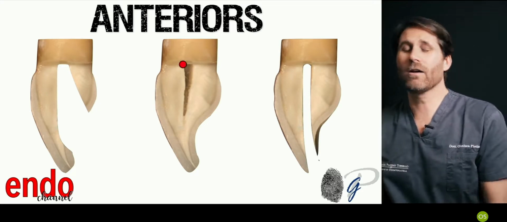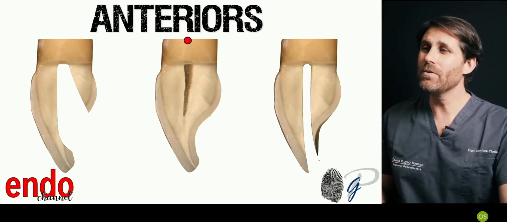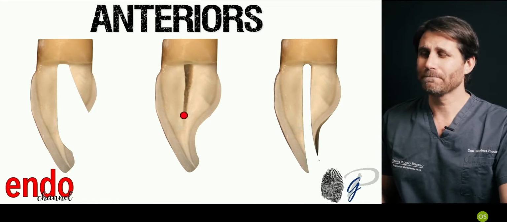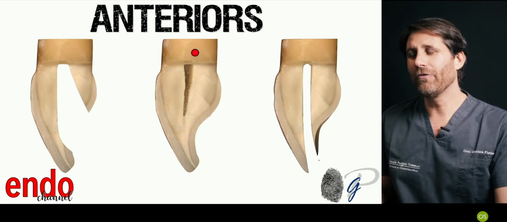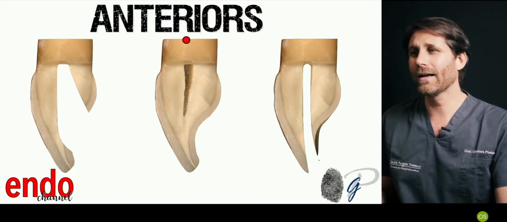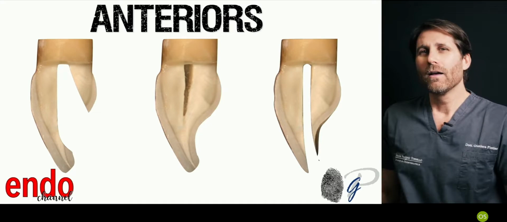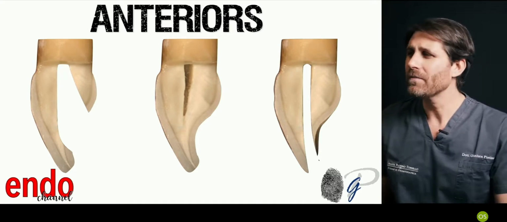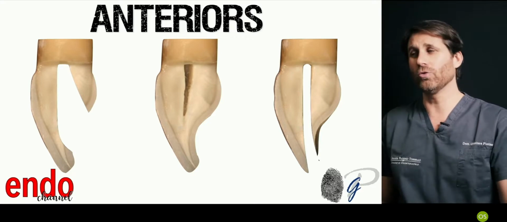Now we clearly know, since many years, that the pulp of anterior teeth has this shape. The orifice direction, in this case of only one canal, is perpendicular to the long axis of the tooth. So our access cavity today, if we want to follow the modern concept, should be more parallel to the long axis of the tooth.